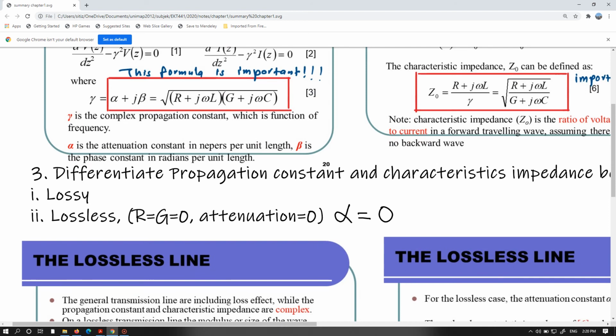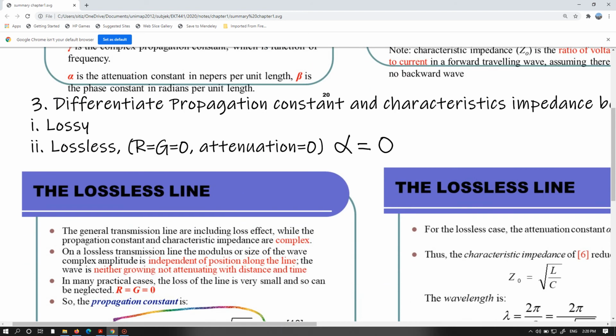Then we can consider ideal cases where we assume that the transmission line has no loss, meaning that there is no resistor in that transmission line, meaning that the attenuation is 0.